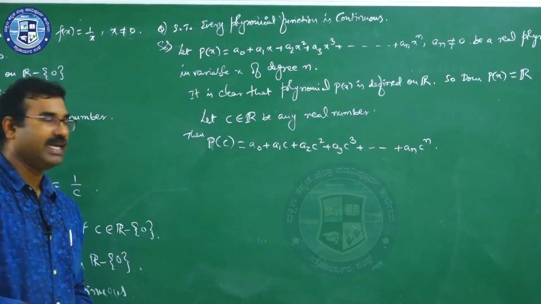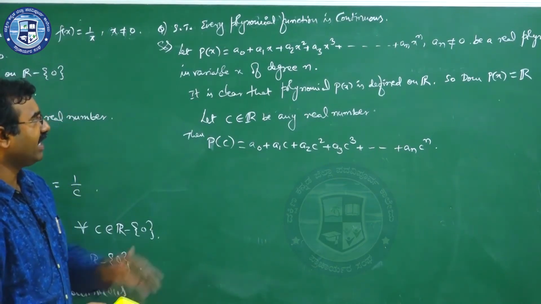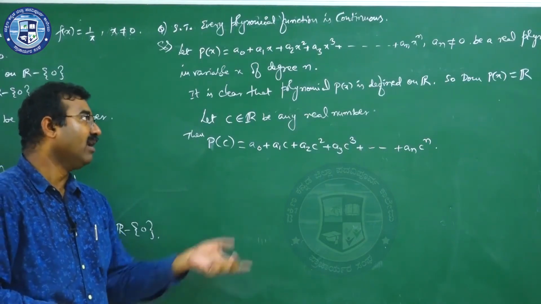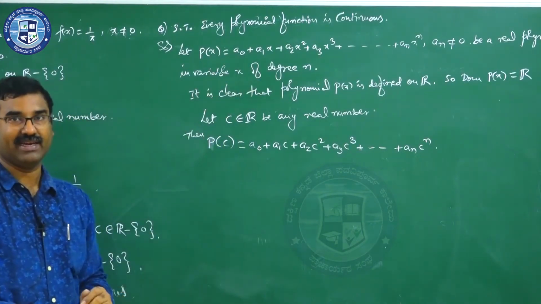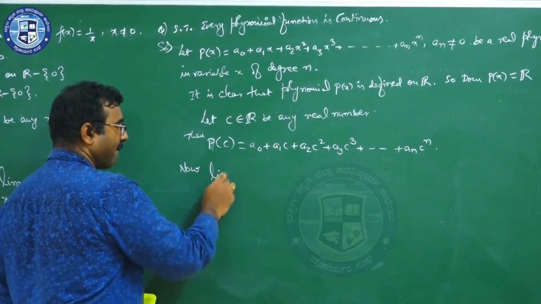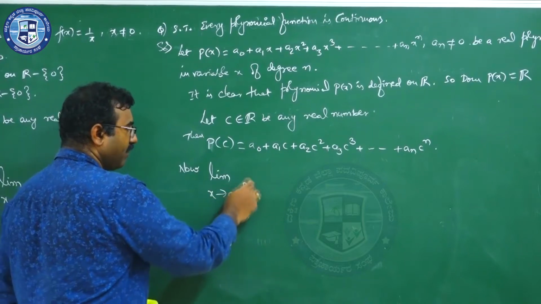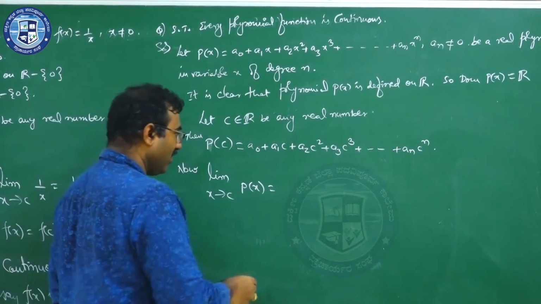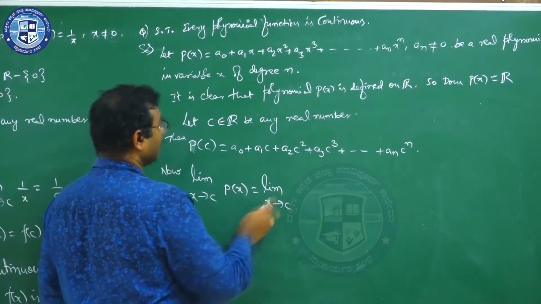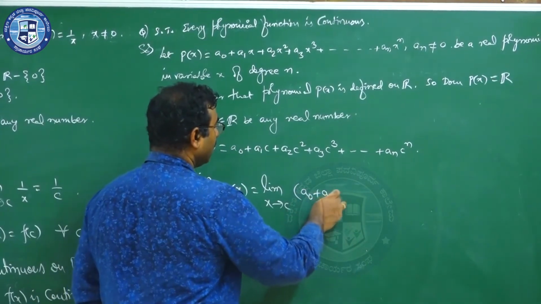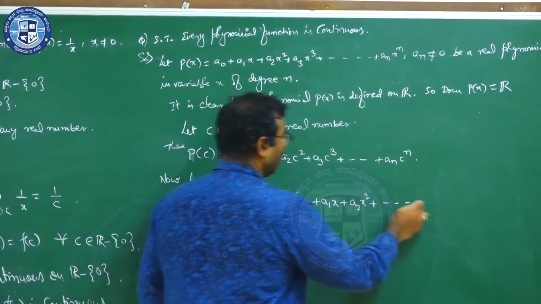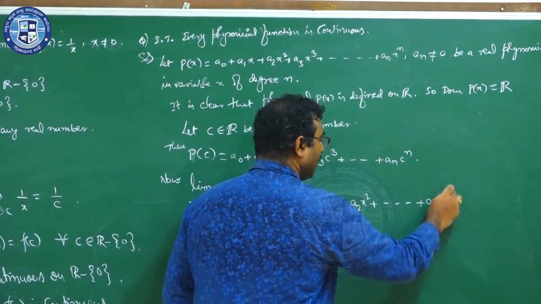Now we work out the limiting value. When you are working out the limiting value, is it necessary to work out left hand and right hand limits? No, not required, because the function is not splitting here. So now limit x tends to c of p(x) is equal to limit x tends to c of a0 + a1x + a2x² + and so on, an xⁿ.